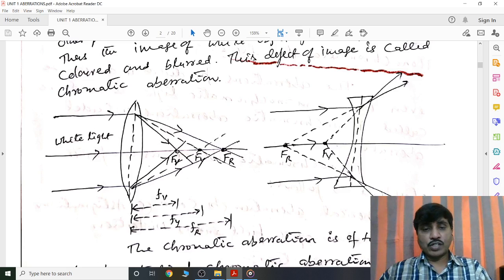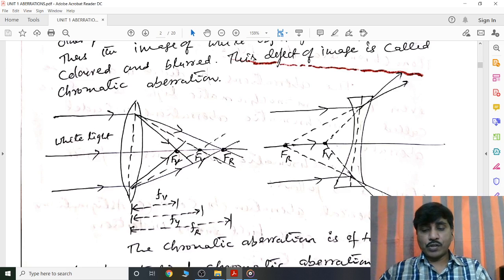Violet rays meet first and red rays meet farthest. In between FV and FR, the intermediate rays meet. In case of a concave lens, the images are found on the left side of the lens.